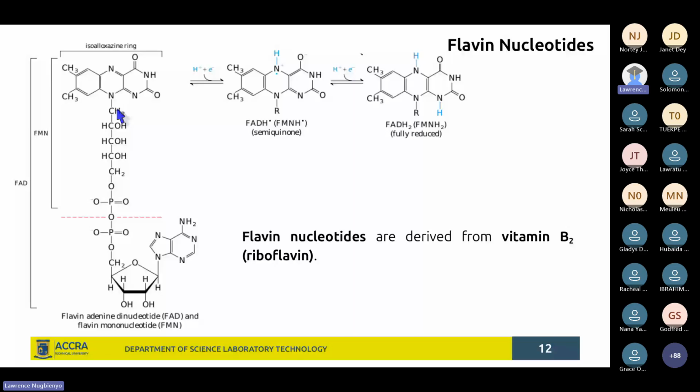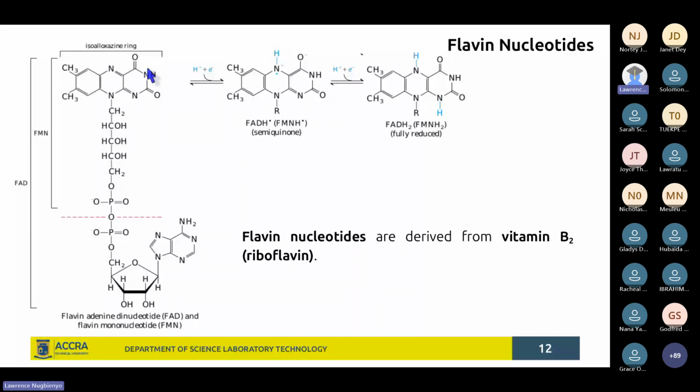If you look at it, this is 1, 2, 3, 4, 5 carbons there. So that is also a pentose with a phosphate group on it. And then you have that flavin, what we refer to as the isoalloxazine ring.